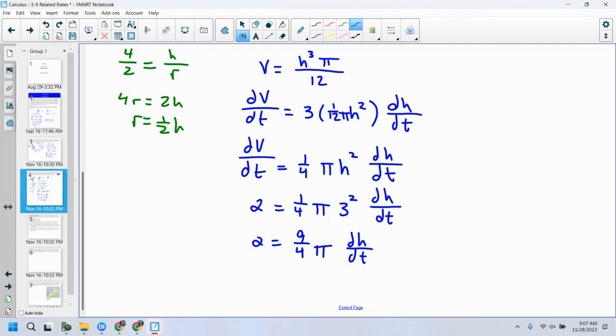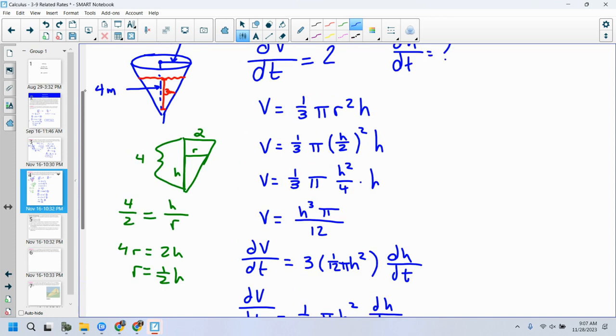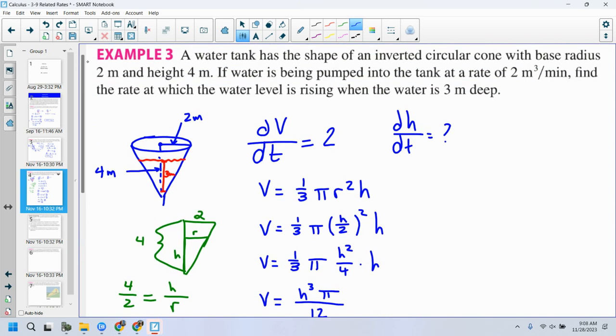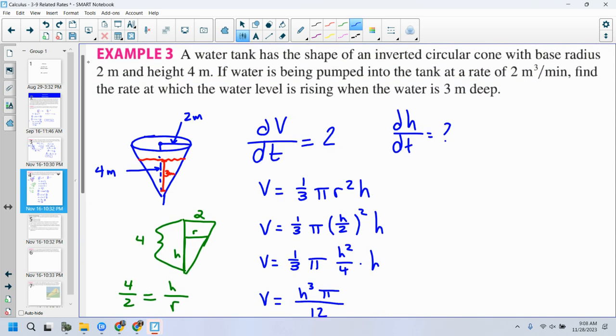0.283 is dh dt. And let's write it out with the correct label. So this was meters cubed per minute.